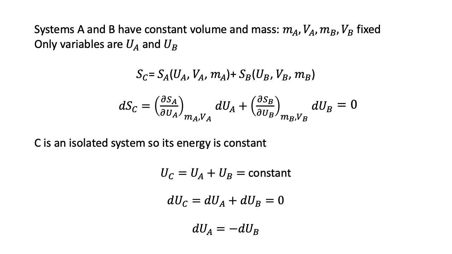It's easy to understand what this means physically. It says that any energy change in A must show up as an energy change in B with an opposite sign. If the energy of A goes down, the energy of B must increase.